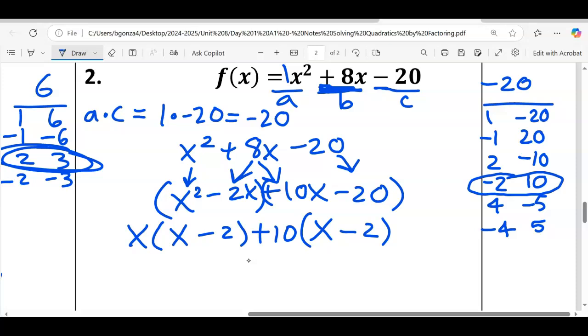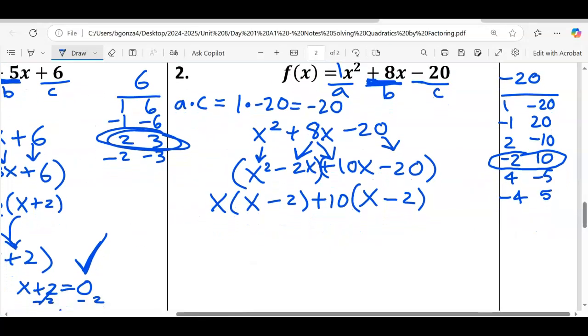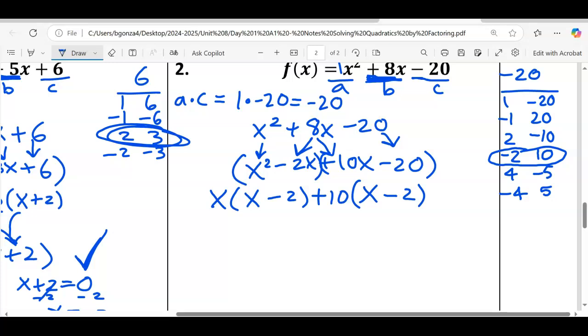Like I said, if you did it right, the parentheses will match, and they do. x minus 2, x minus 2. Scooby-Dooby-Doo. All right, so we're going to take that parentheses and bring it around town. x minus 2.